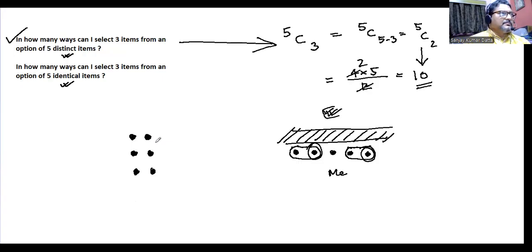Moral of the story. In how many ways can I select three items from an option of five identical items? In the eyes of the beholder, it is just one way. Because whichever two balls I give you, for you, they are the same two balls.